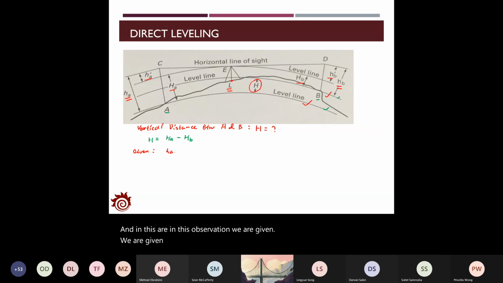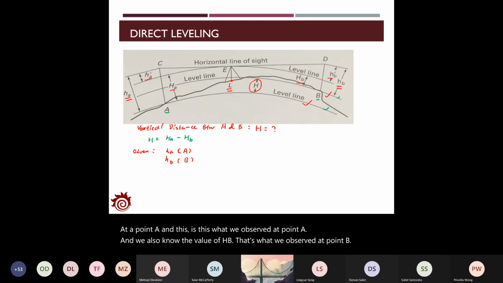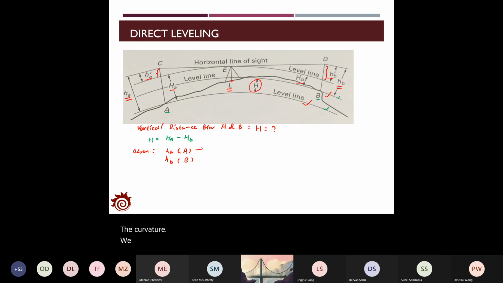the value of HA at point A, and this is what we observed at point A, and we also know the value of HB. That's what we observed at point B, and we know that due to the curvature, we will have some potential errors. So that is HA prime and HB prime.